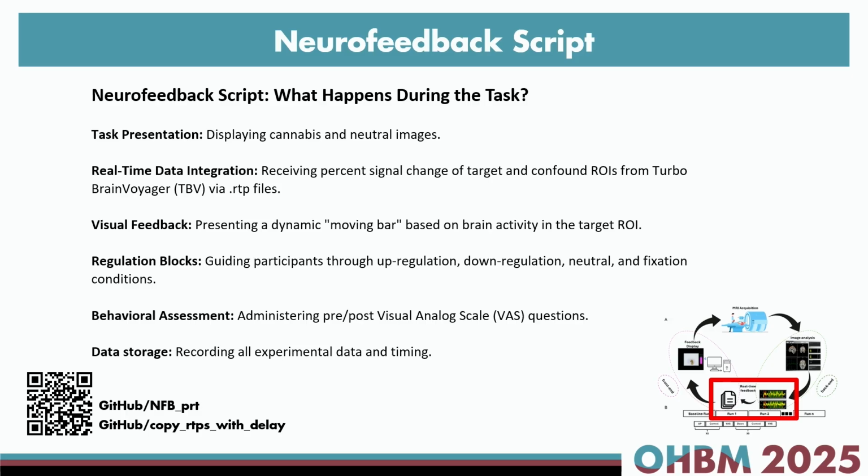And it actually wants to regress out data from your confound region and calculate the feedback, and present the feedback, for example, in the shape of a thermometer to the participant in our case. So they can see that if the thermometer goes up, it means a higher craving. They could upregulate their craving, or downregulate their craving if it comes down.